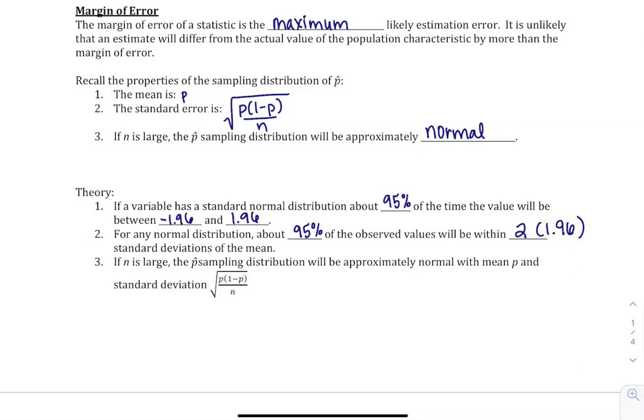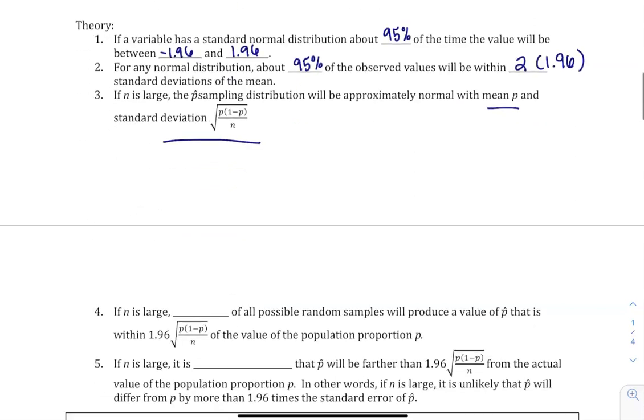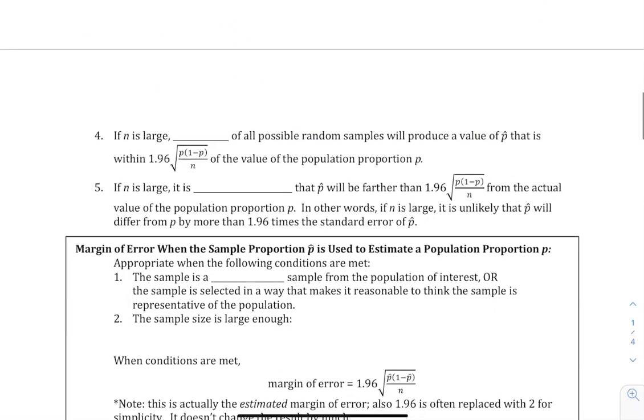So if n is large, then the p hat sampling distribution will be approximately normal with a mean p and a standard deviation of the square root of p times 1 minus p over n. So we continue on with some theory. If n is large, then we know that 95% of all possible random samples will produce a value of p hat that is within 1.96 times the standard deviation of p.